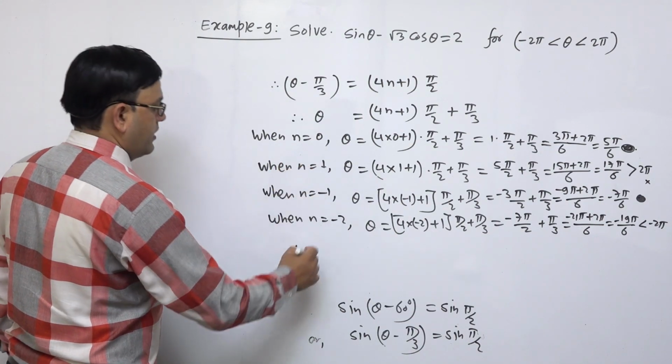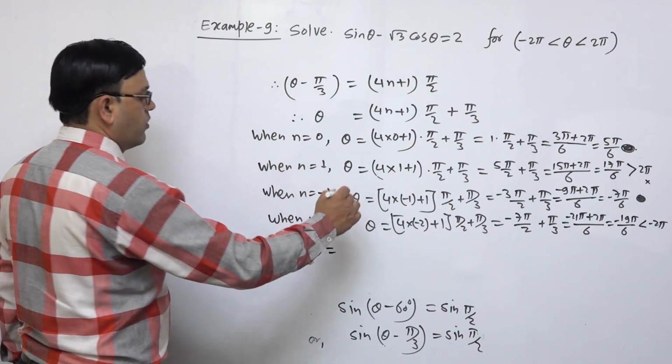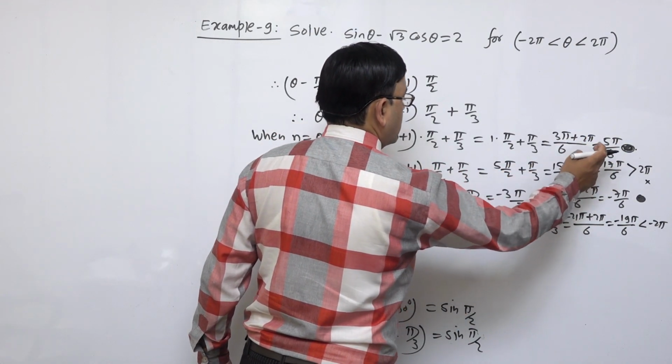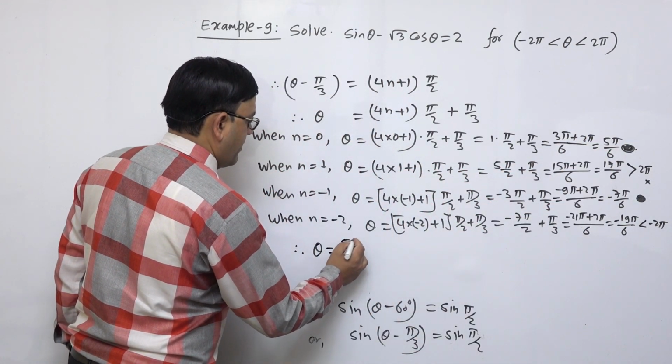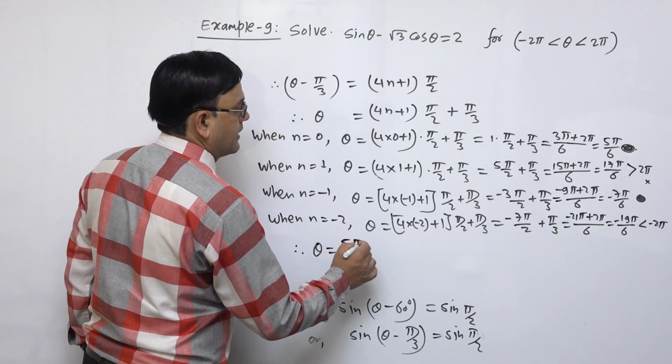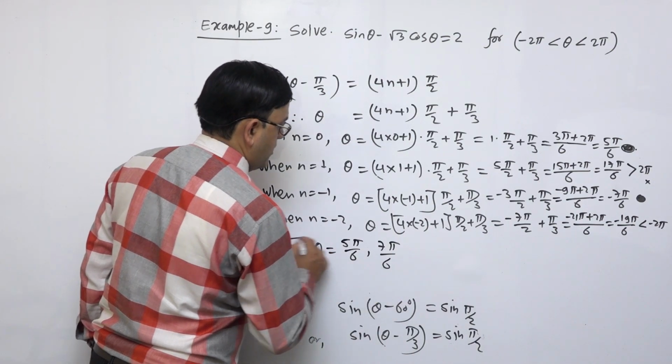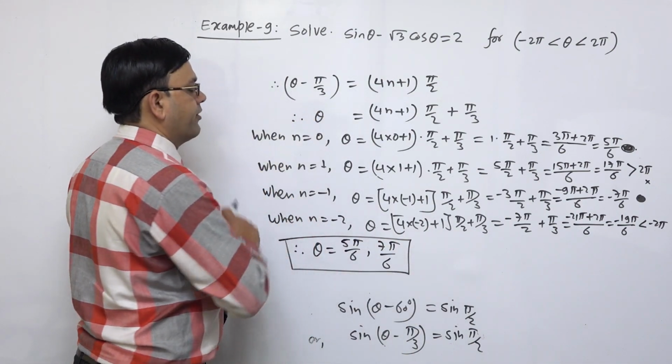Therefore we can write theta is equal to 5 pi by 6 and 7 pi by 6 is the required answer of our question.